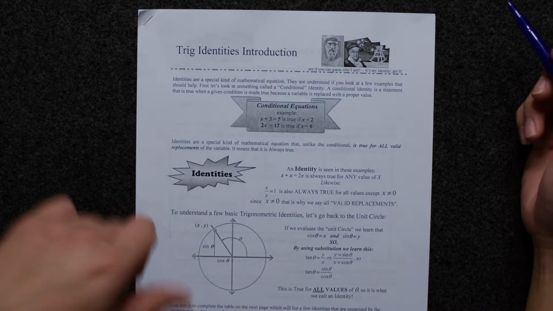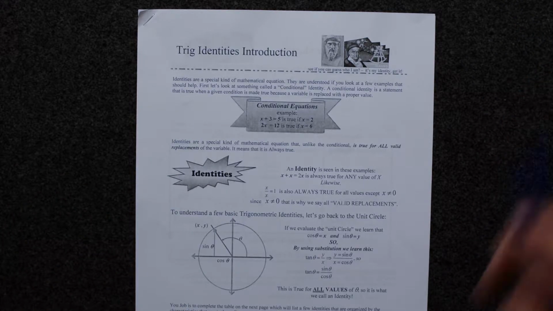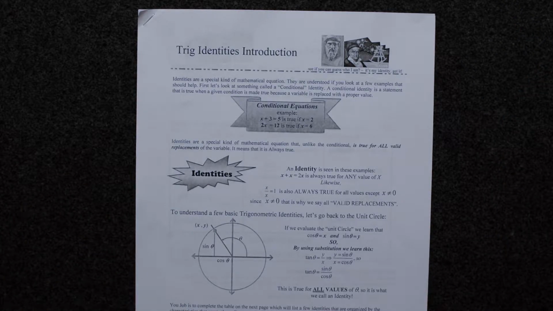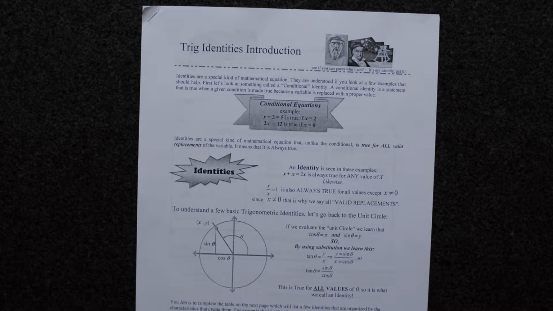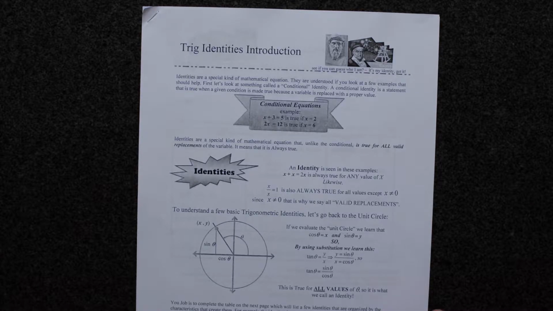So here we have the reciprocal identity, right? This is one of the first identities that you guys should learn, which states sine of theta is equal to y divided by r, right? And in our unit circle, just as a quick reminder, r is always equal to 1.